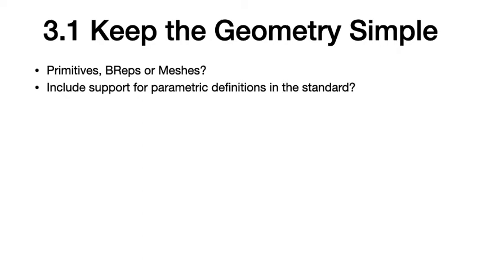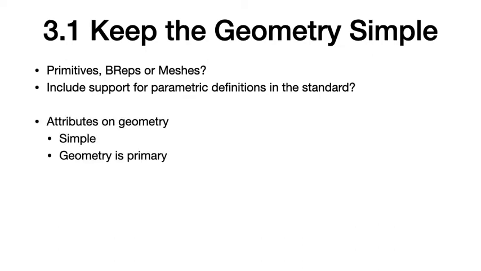Should the standard include support for parametric definitions? I don't think it's a given. I think there's a lot of value in a standard that provides a baked-in geometry, so to speak. And another question is, should a BIM model at a technical level store attributes on geometry? And this is very simple.